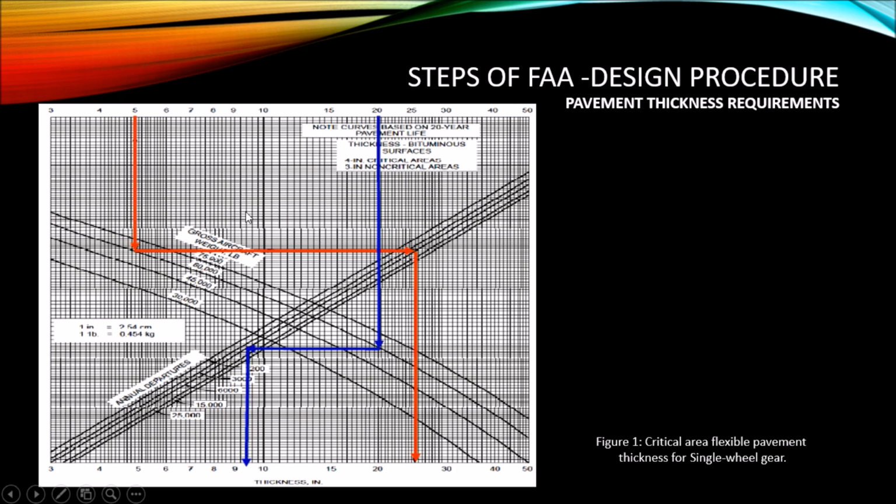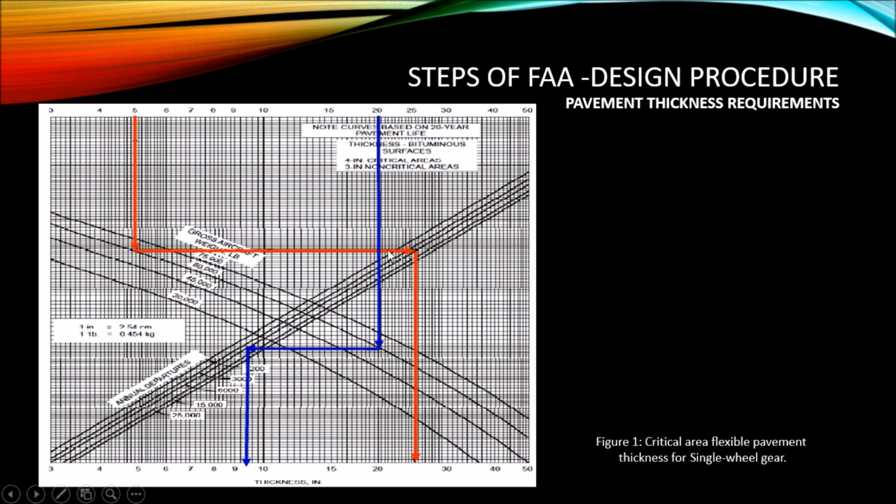So once you have the CBR of your pavement, be it the subgrade, the subbase, or the base course, the next thing you need is the gross weight of your aircraft and then the annual departures. If the CBR is 5 and the gross weight is 60,000, as you can see, this red line shows that the CBR is 5 and the gross weight of the aircraft is 60,000.